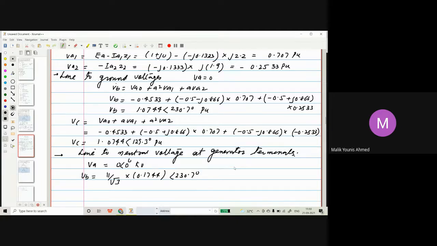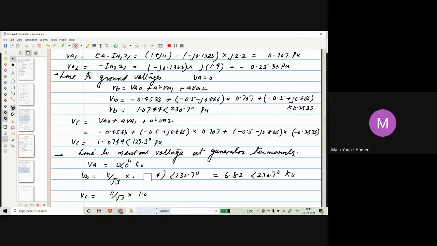That will come out to be 6.82 at an angle of 230.7 degrees in kilovolts. VC will be again 11 by under root 3, 1. Sorry, it's wrong here.